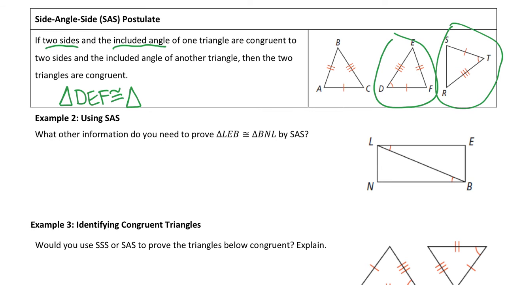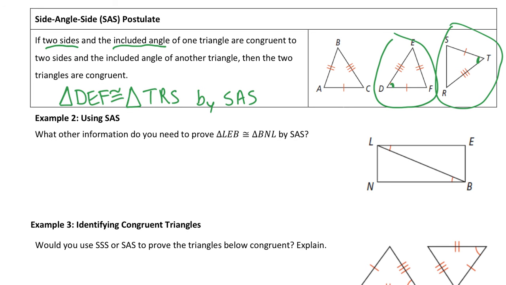If I name it DEF, I have to name the other triangle TRS, because T corresponds to D, R corresponds to E, S corresponds to F. So those triangles are congruent by SAS. It's the angle in the middle of two congruent sides.